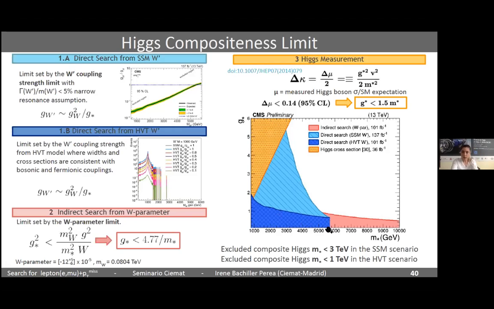With all this together, we can already exclude a composite Higgs of a mass smaller than 3 TeV in the SSM scenario, or a mass of 1 TeV in the case of the HVT scenario.